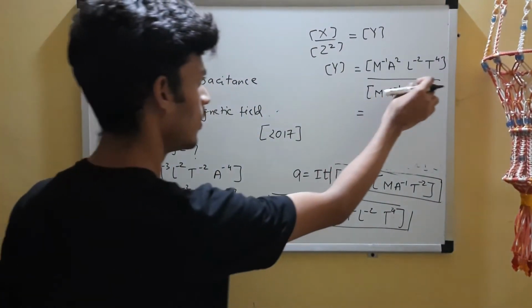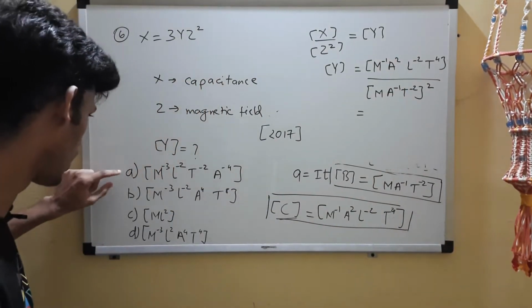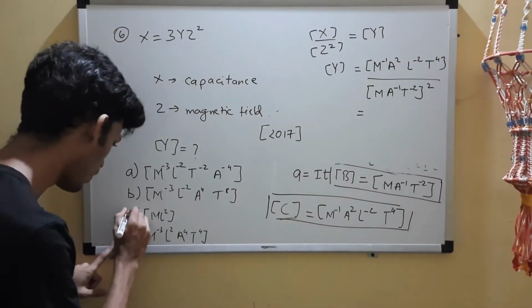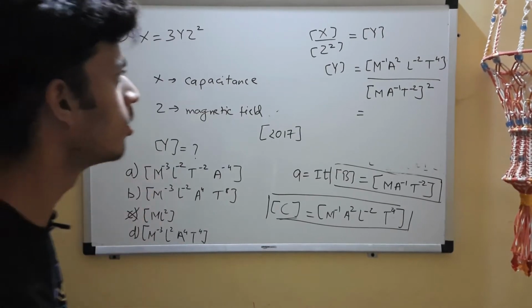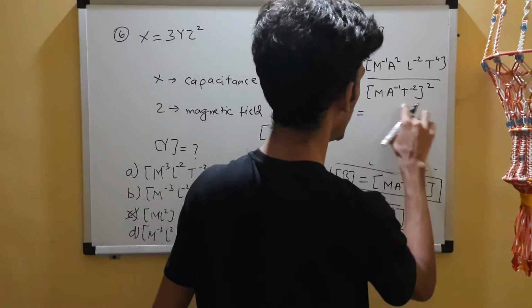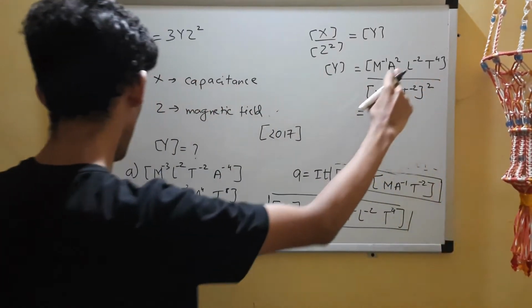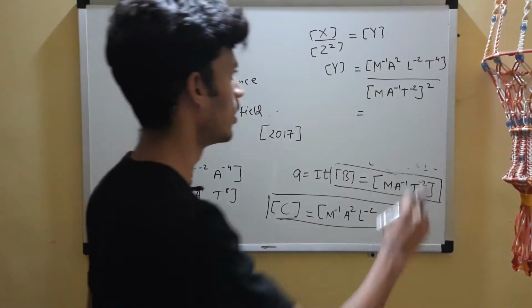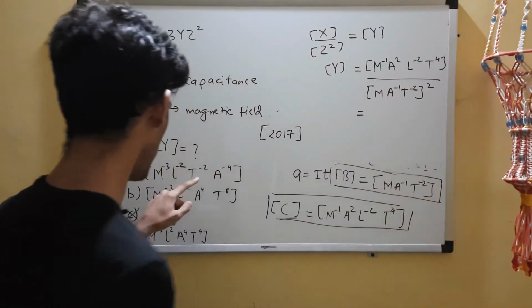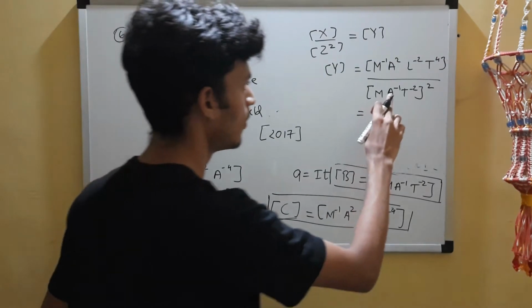You can see that it will be M to the power minus 3, so 3 options are left, option C is gone. Look out for the power of L. Here there is no L, so L to the power minus 2, so only 2 options are left. D is again wrong. Now you can look out for the power of T or A, any one will do.